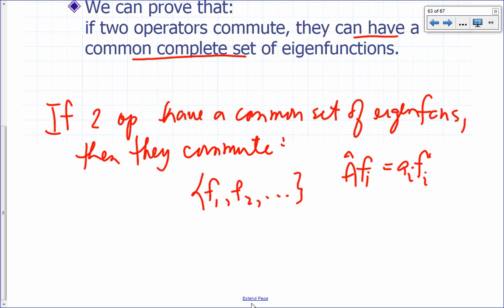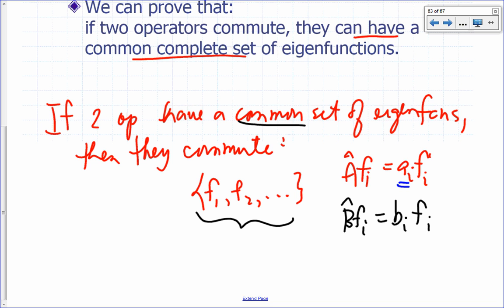So this says that the functions are eigenfunctions of the A operator, and your eigenvalues are A sub i. And we're also going to say that B hat F sub i is equal to some other constant B sub i times F sub i. So the F sub i's are a common set of eigenfunctions for operators A and B.